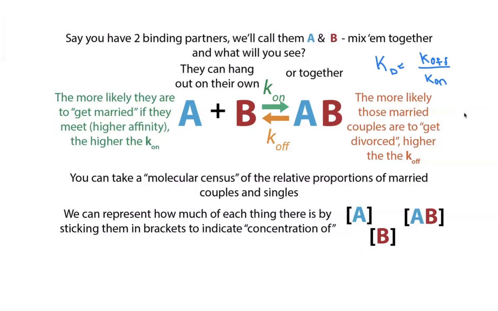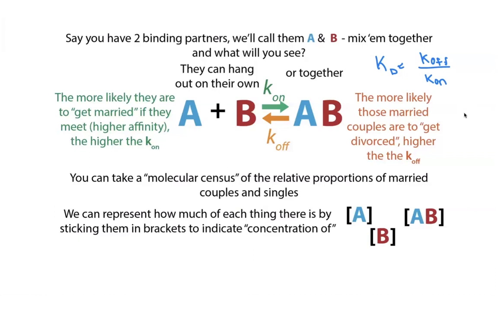And because of this, we're able to use the concentrations that we find at equilibrium to tell us about the affinity. But it's not going to tell us about the relative contributions of K on and K off. It'll just tell us about how it all plays out at equilibrium with some balance of the K on and the K off.